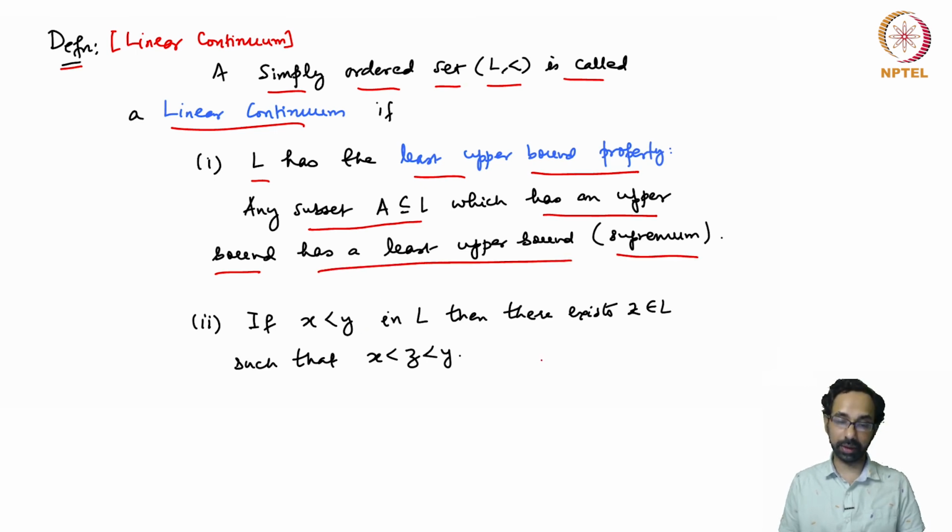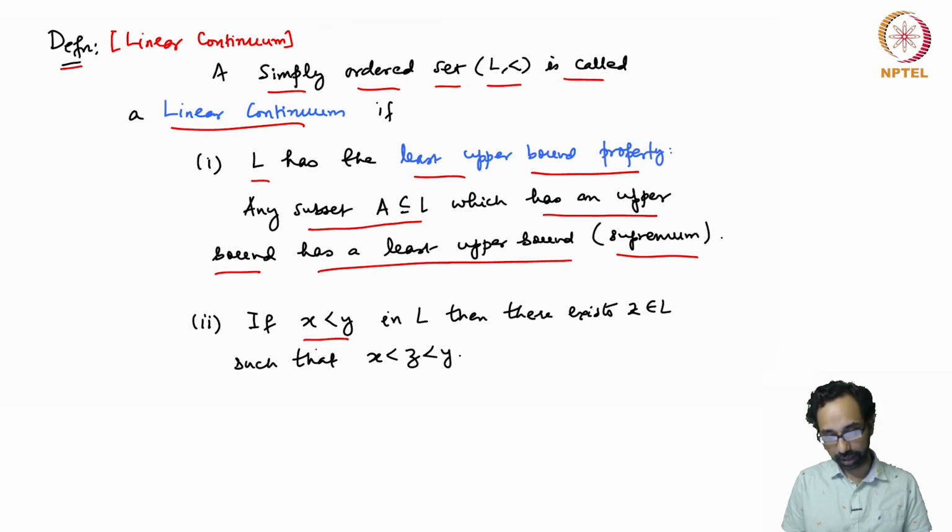So we have seen that the supremum may not exist, and the first property of the linear continuum says that any subset which does have an upper bound must have a least upper bound. And the second property is the continuum part of this linear continuum structure.